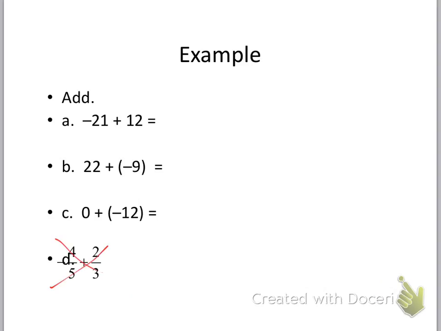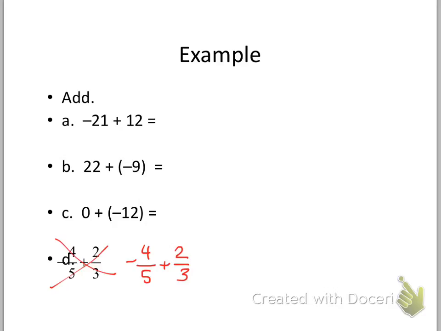Oh, this one was written very poorly. There we go. Pause the video and give it a try. Same sign or different? Different. So find the difference.